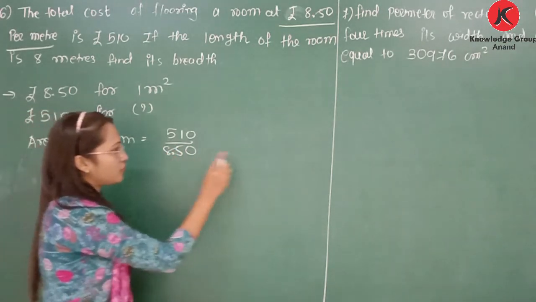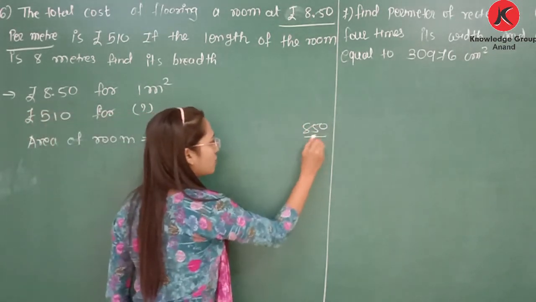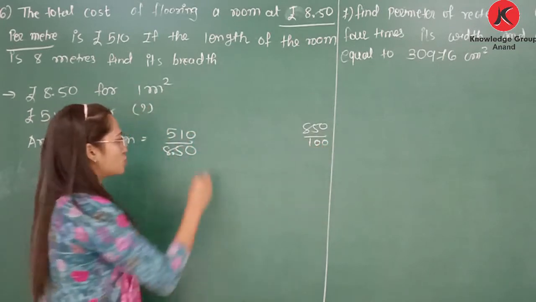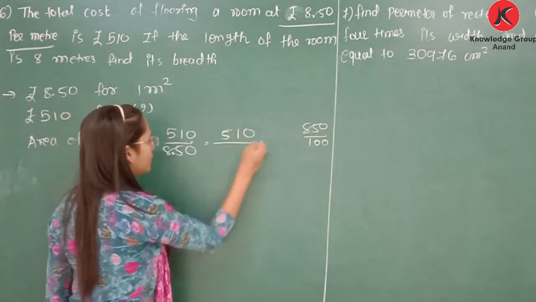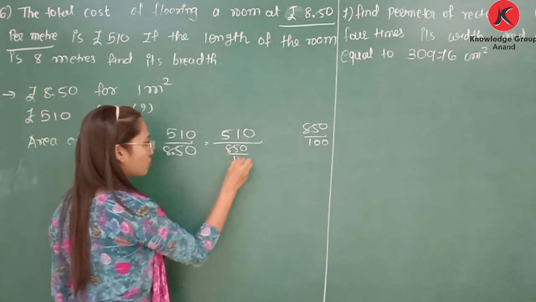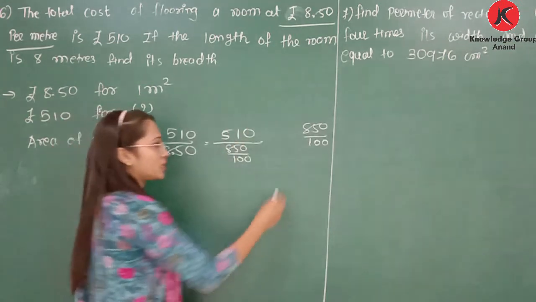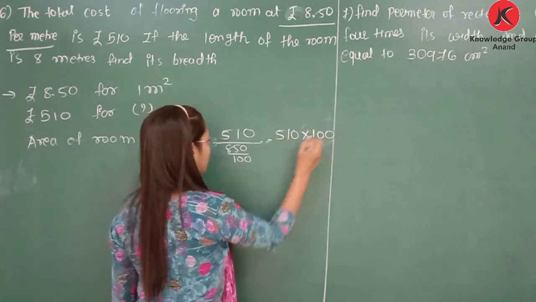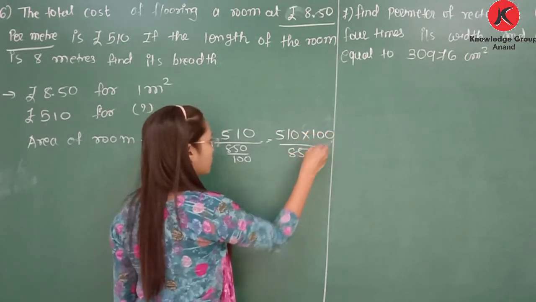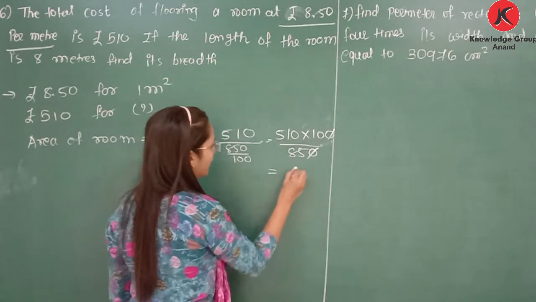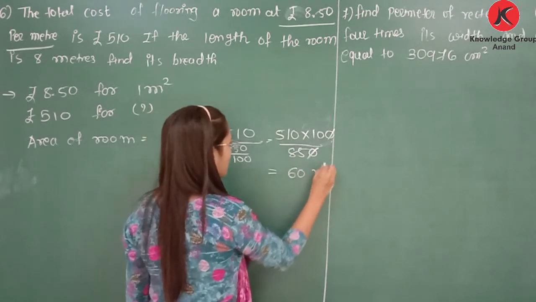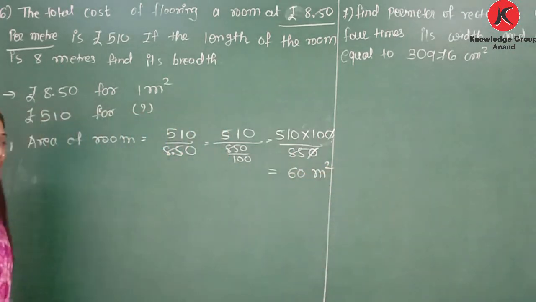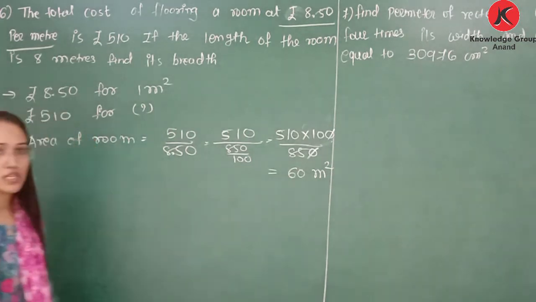Now 8.50 can be written as 850 by 100, so 100 will be in a multiplication. If we perform the division, you will get 60. The area of the room will be 60 meter square.